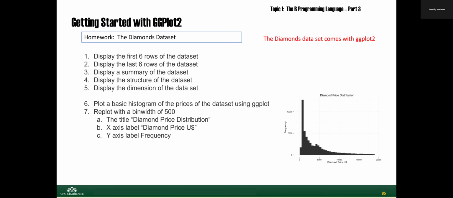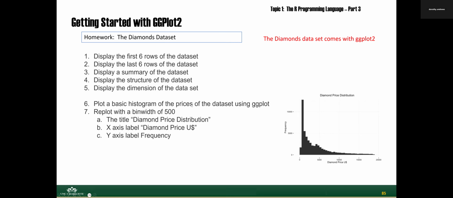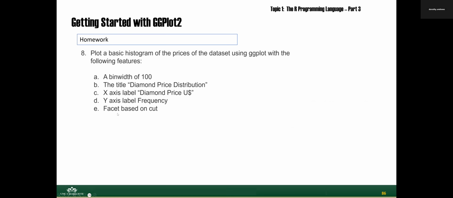Then you're going to replot this with a bandwidth of 500, and add some labels to your graph, like diamond price distribution, your X label, your Y label. Then in the next graph, using a bandwidth of 100, pretty much the same graph, but this time you're going to facet the graphs based off of cut.